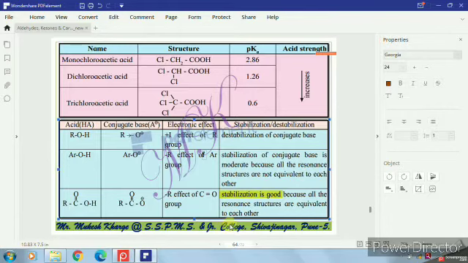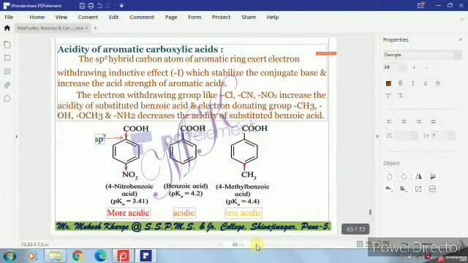So this is about the influence of the group attached to your carboxylate group, COO minus. Then the acidity of aromatic carboxylic acids. If you observe benzoic acid, 4-nitrobenzoic acid or 4-methylbenzoic acid, the COOH group is attached to a carbon of the benzene ring that is sp2 hybridized.